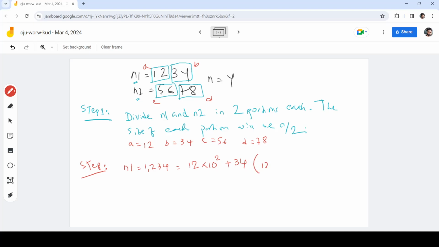So 12 into 10 square হচ্ছে আমার 100 plus 34, it's 1200 plus 34, which is 1 2 3 4, which equals n1. Similarly, n2 can be written as 56 times 10 square plus 78.